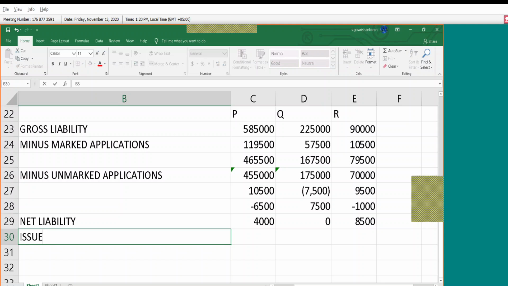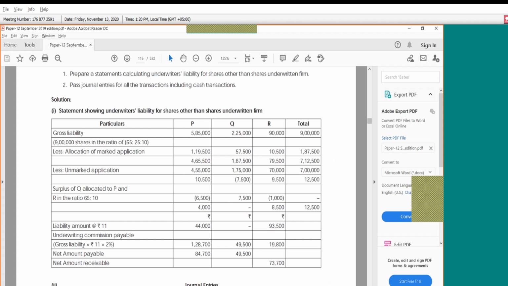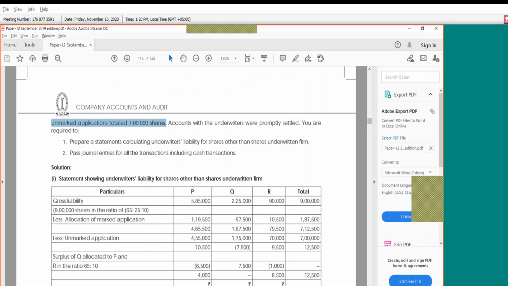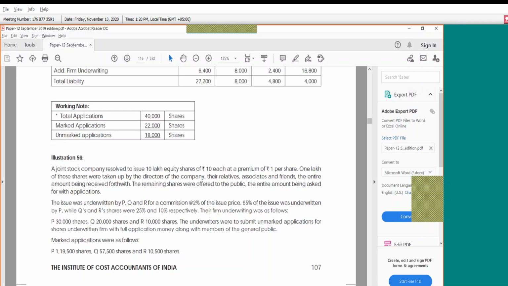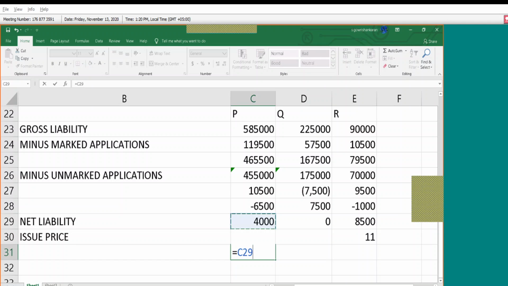Issue price how much? As given in the question, issue price is 11, that is 10 plus 1, 11. So total liability, net liability is 4,000 into 11, 44,000.